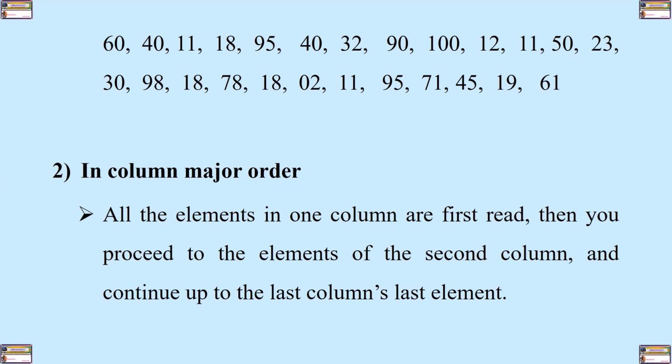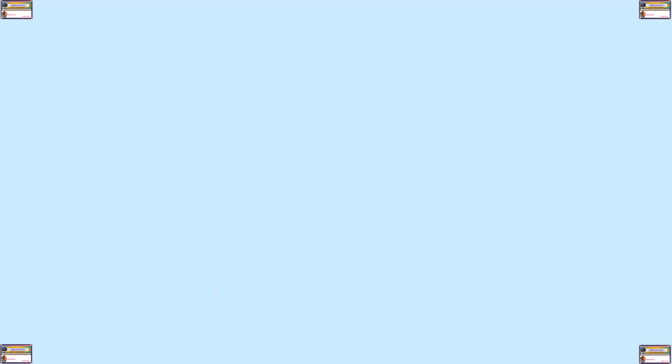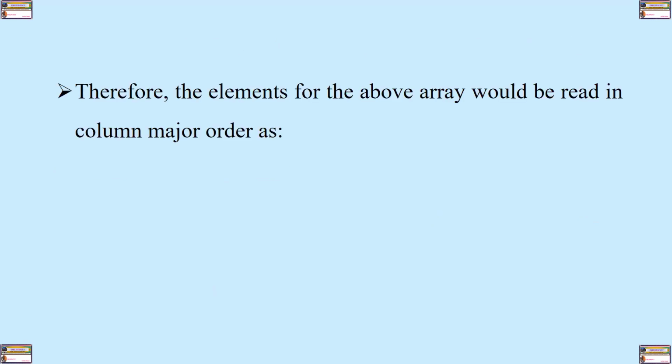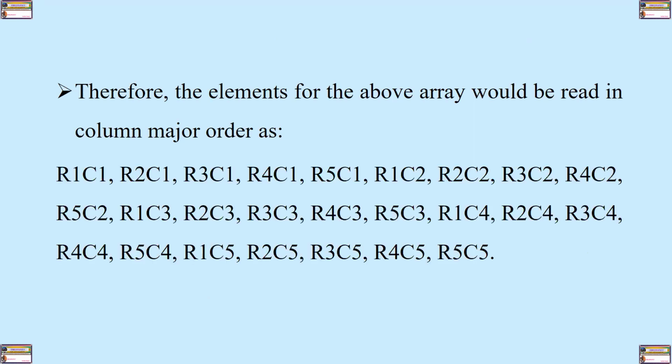But for each specific element, you read the row. So all the elements in one column are first read, then you proceed to the elements of the second column, and you continue up to the last column's last element. Therefore, the elements of the above array would be read in column major order as follows.